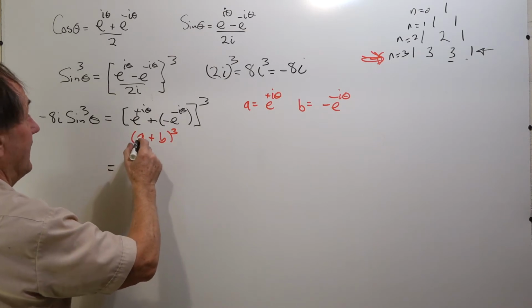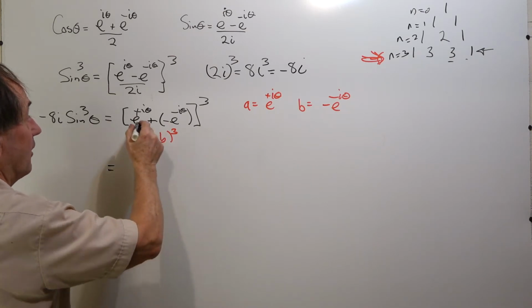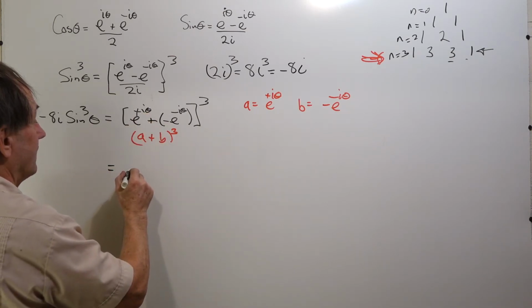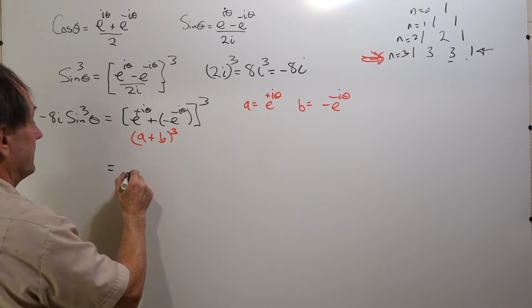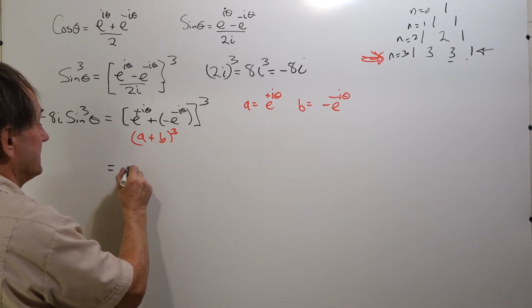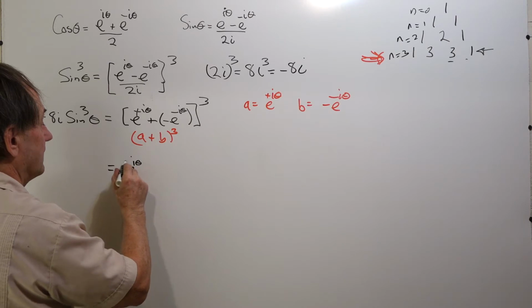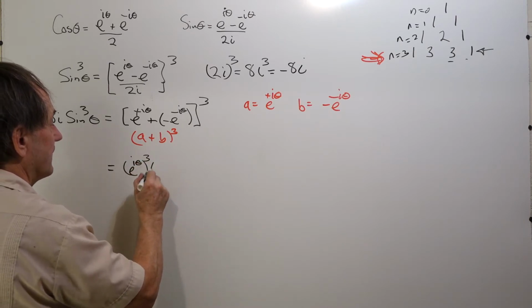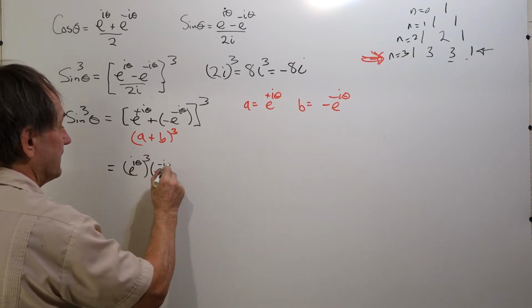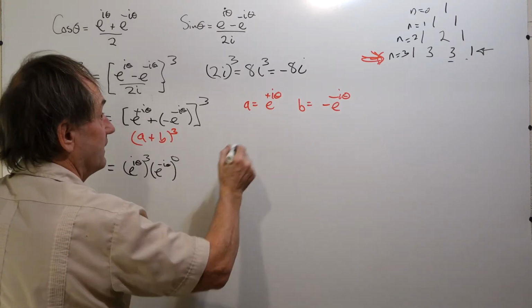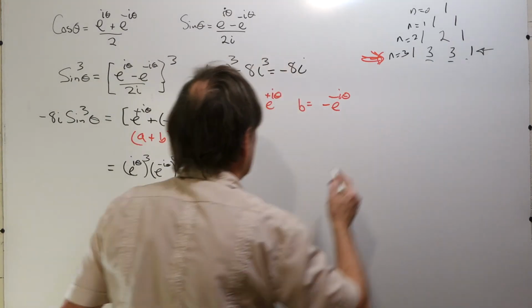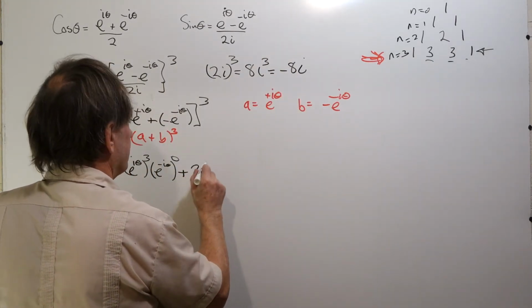So we start out with the 3rd power. Our coefficient is 1, so it's 1 times e to the i theta cubed times e to the minus i theta to the 0 power. The next term has a coefficient of 3.